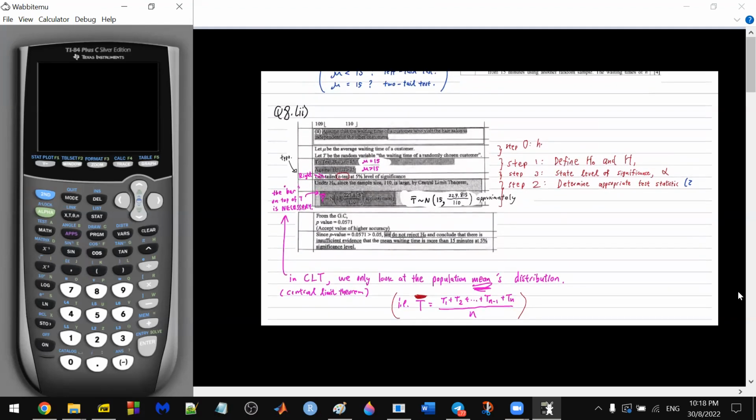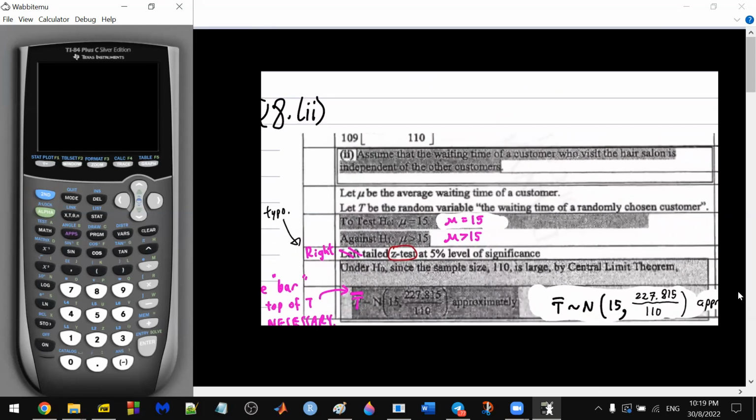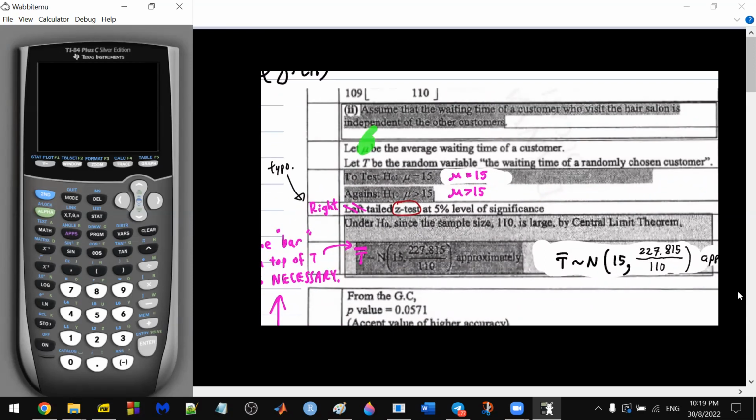So let's continue. Step zero is defining the appropriate variables. They say let mu be the average waiting time of a customer, then let T be the random variable for the waiting time of a randomly chosen customer. Mu is always chosen. In H2 we always do hypothesis testing on the mean, so in this case, the average waiting time.